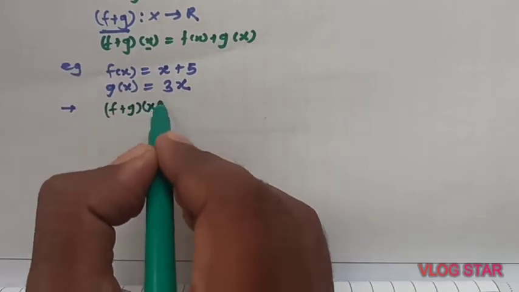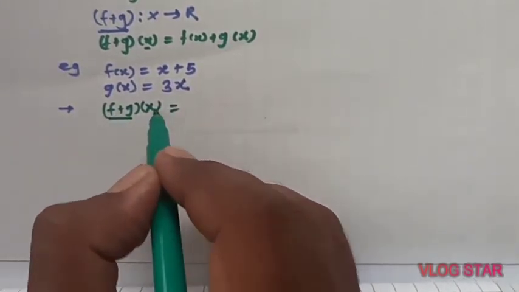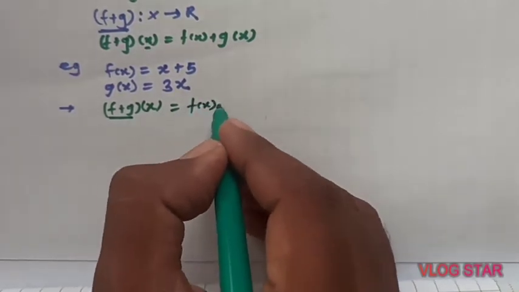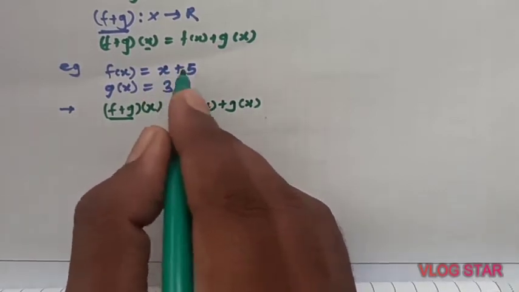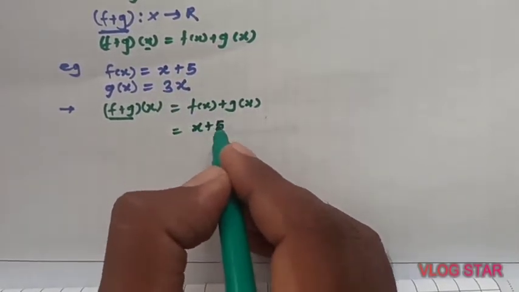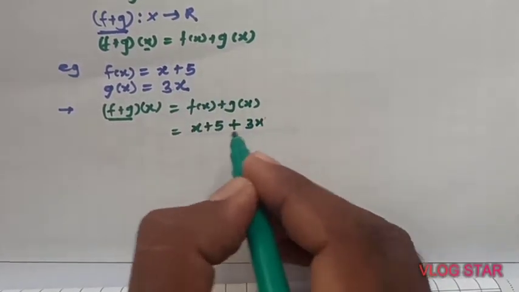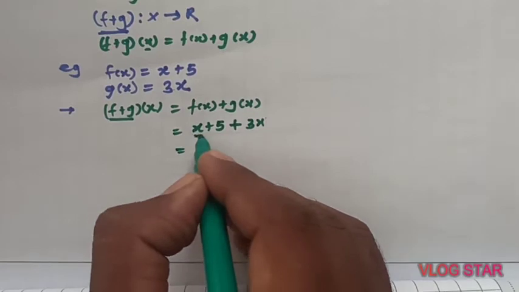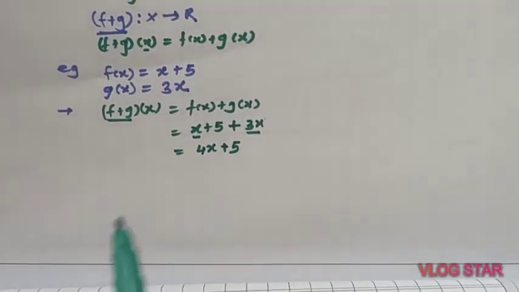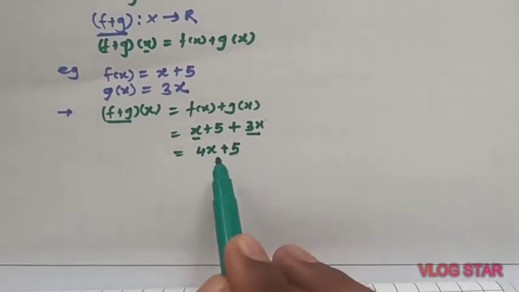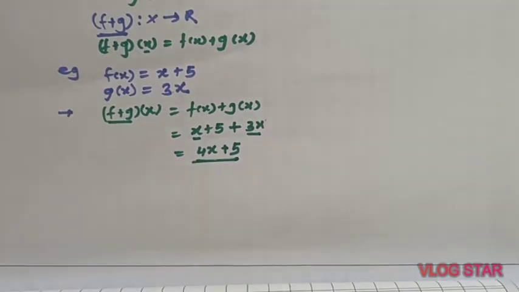This is a new function. What does the rule say? f plus g of x is the same as f of x plus g of x. What is f of x? x plus 5. And what is g of x? 3x. So I can add these two and I get x plus 3x, which is 4x plus 5. So like that I got a new function. This is called f of x plus g of x, the addition of two functions.